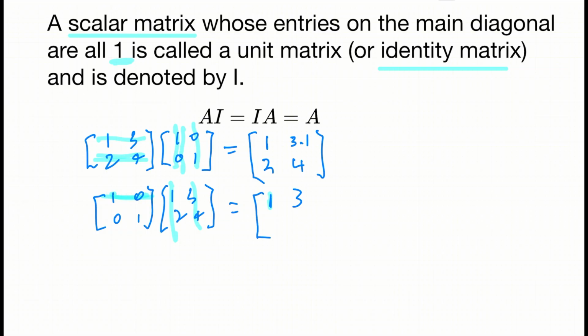Then the bottom row times the first column is just going to be a 2. And the final multiplication, the bottom row times the second column, is just going to be a 4. Okay, so that is the same, and that is also equal to A. So we just did an example of the identity matrix, and how multiplying it times a matrix gives the matrix back.